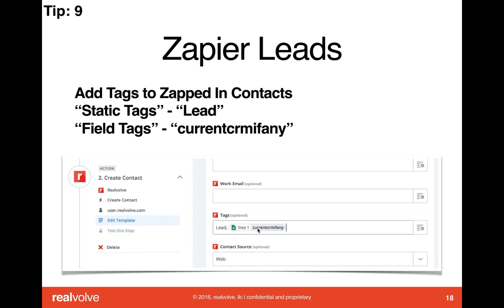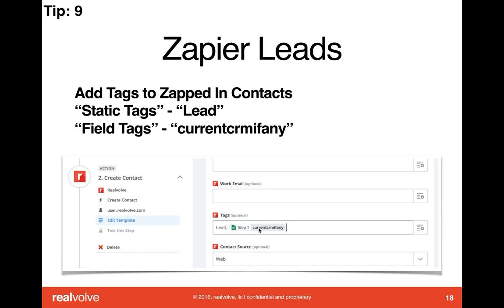What we do is we assign a tag of lead, which is just a static lead tag, but we also can use the tag of whatever's in the field of that form that I'm bringing in.